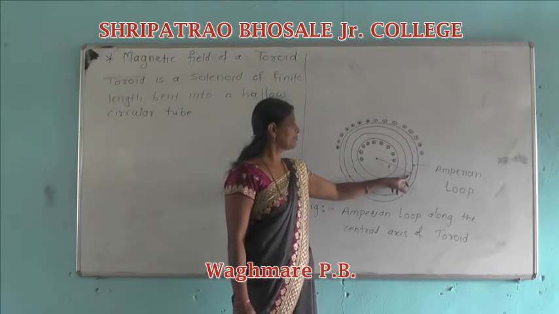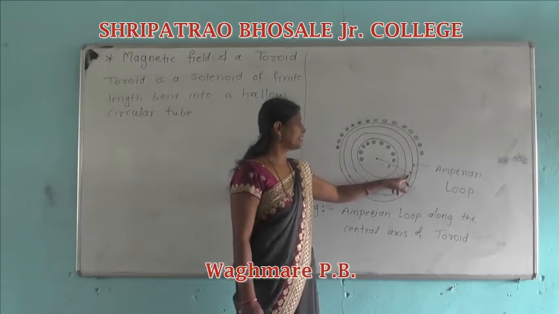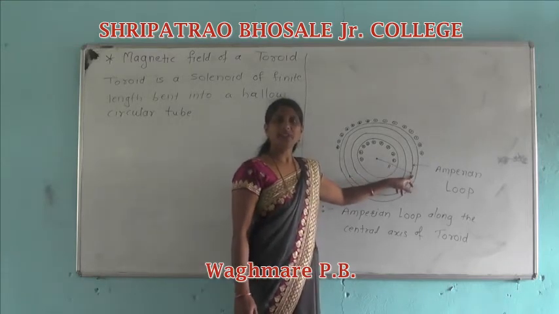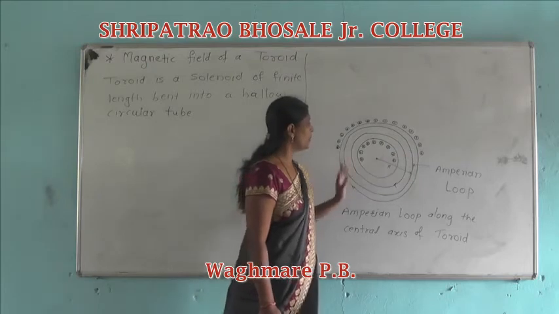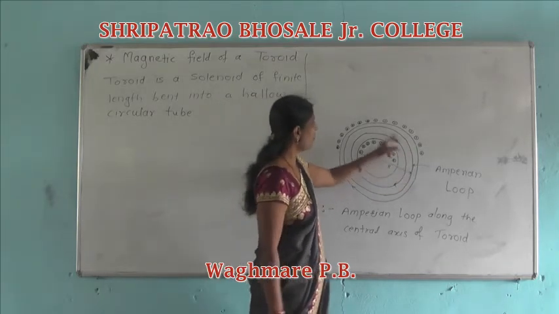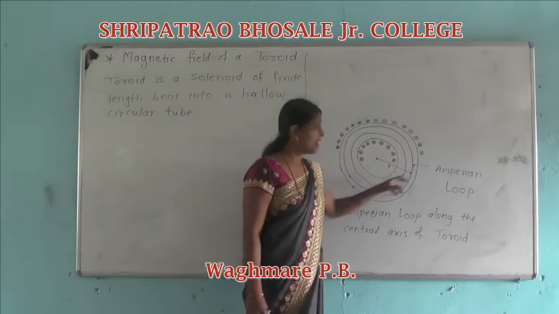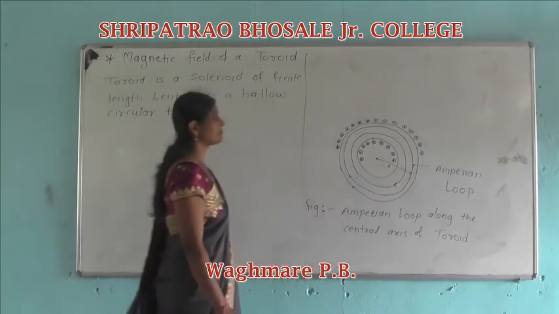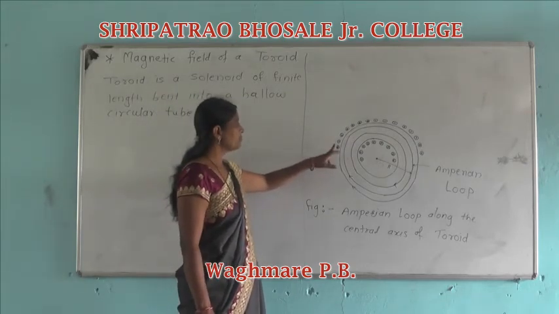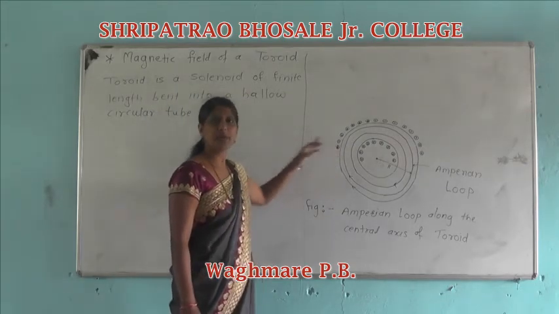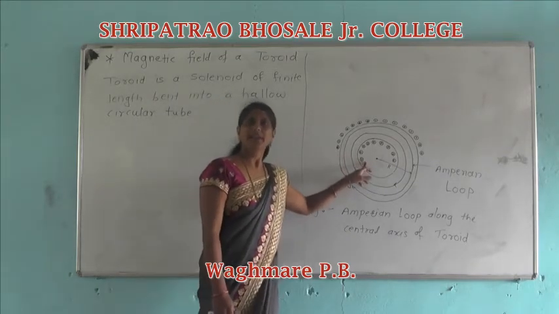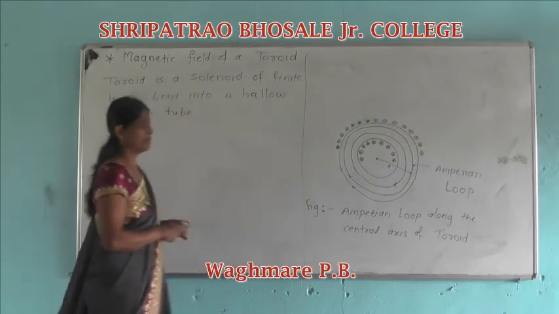R is the distance of this point on the Ampere loop, or we can also say the radius of this circular Ampere loop. Now, the current is coming out of the plane of the paper and going into the plane of the paper.